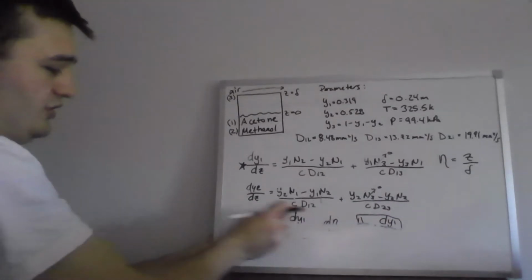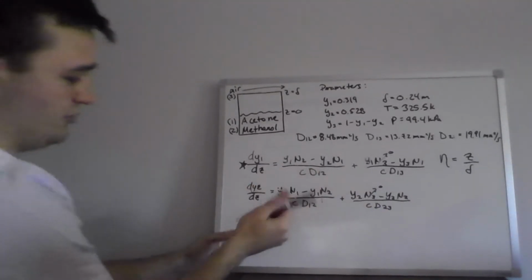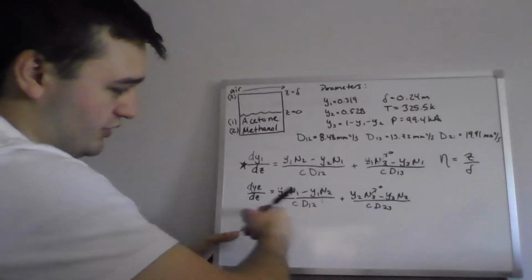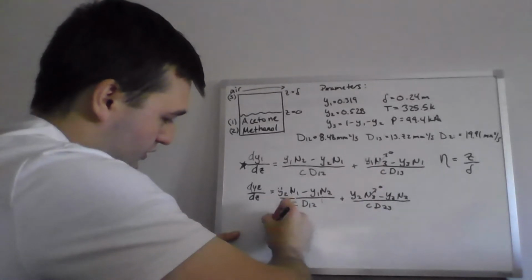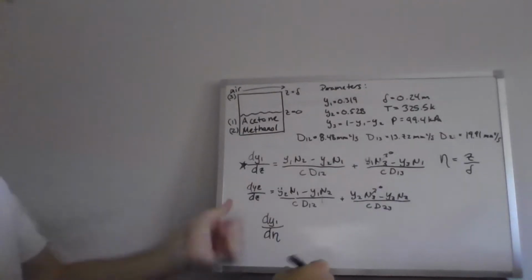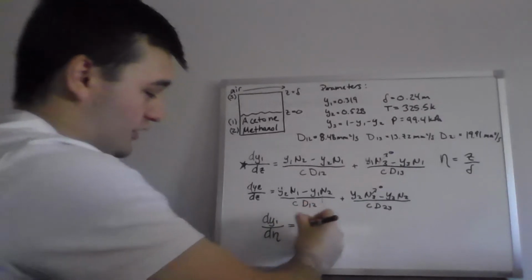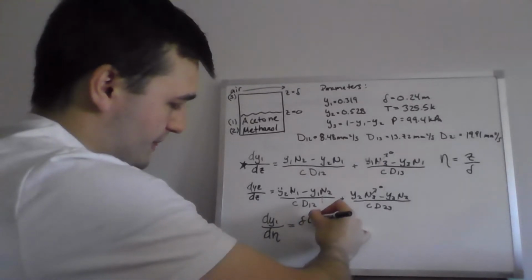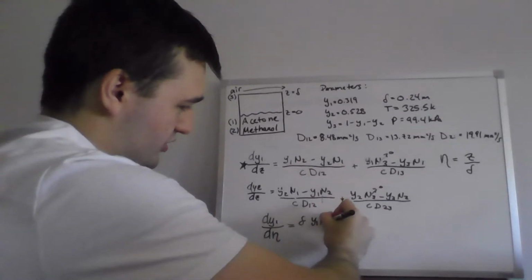I'm going to erase this, and I can put it down right here by saying, again, we're multiplying delta to both sides to get rid of it on the left side and adding it to both terms on the right side. So instead of dy1 over dz, it is now dy1 over d eta is equal to, and then again, delta is being multiplied by both of these. And then this equation remains the same.